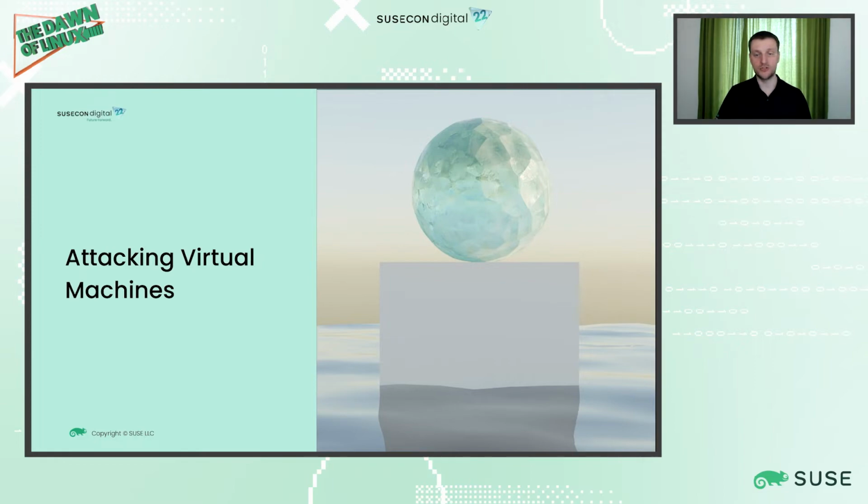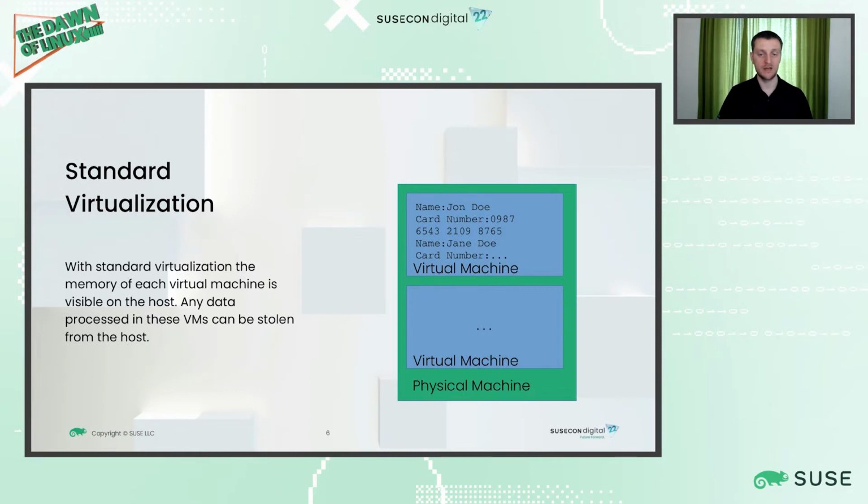Imagine a standard virtual machine, and how it can be attacked. So what does a virtual machine look like on the physical machine? Usually we have a physical machine, real hardware, which runs a hypervisor, an operating system, and where several virtual machines can be running. The problem is that everybody with root access to the physical machine can access the memory of the virtual machines.